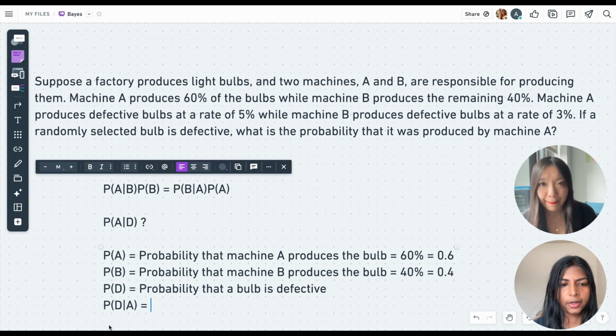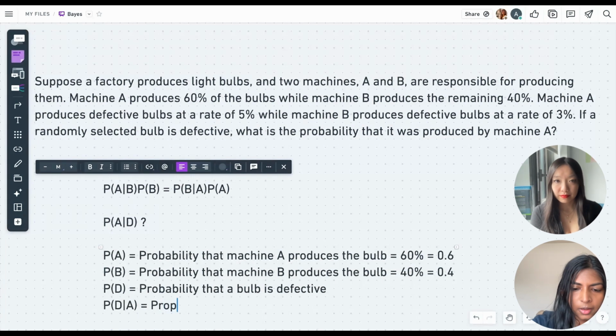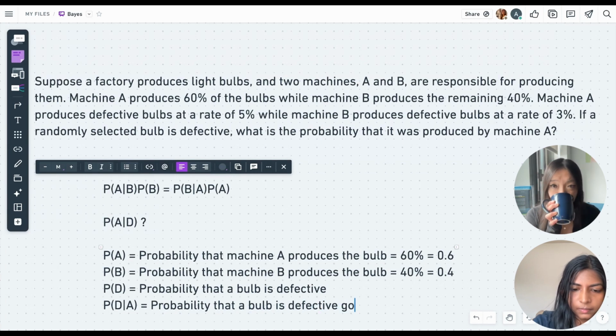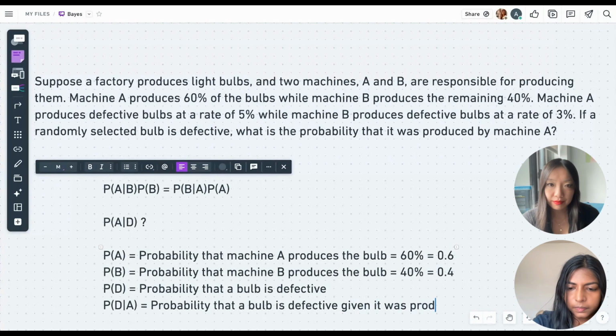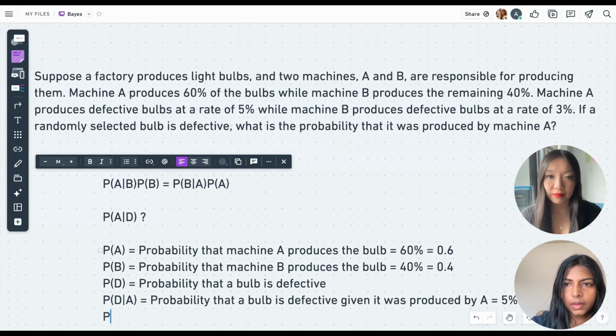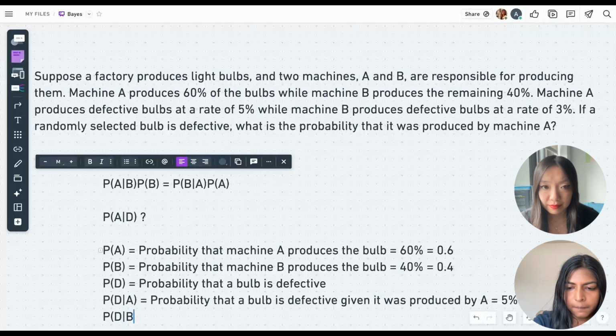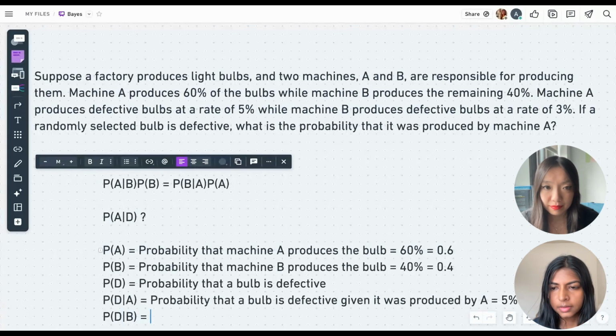Okay, great. So we already know P(D|A), and that is 5%. I'll write it down. And we also know P(D|B), and that is 3%.